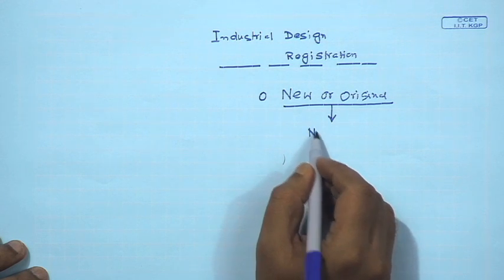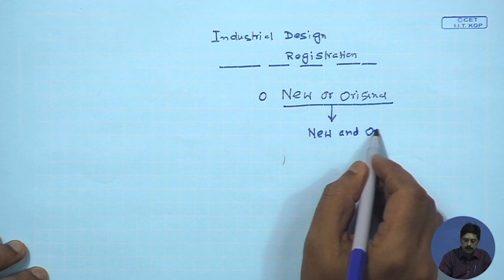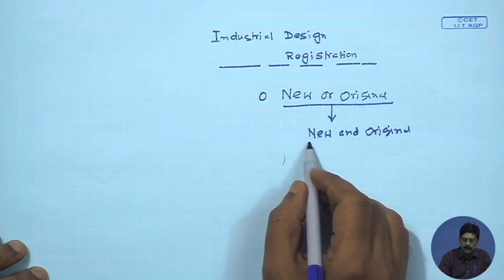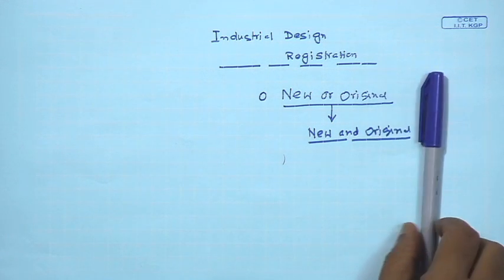So here they created the criteria new or original, but statutory interpretation suggests that it should be new and original. They are interpreting it as and. Okay. Now I will explain that part.